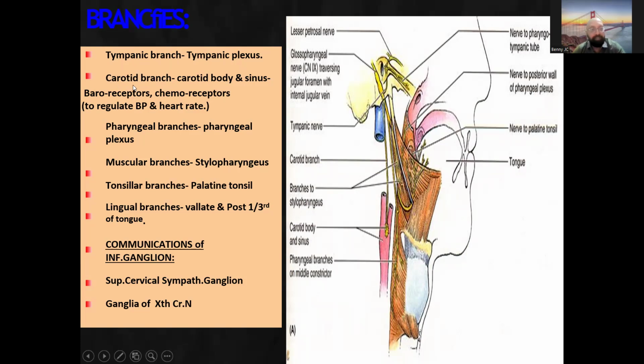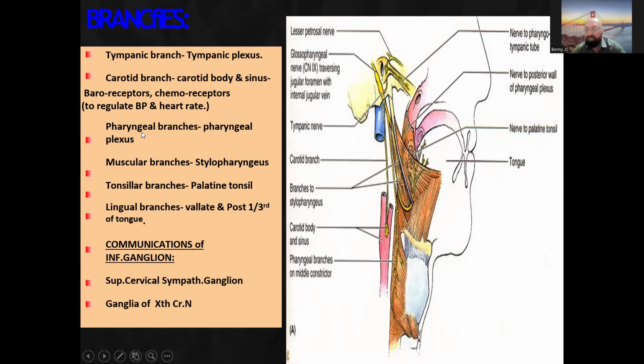Then the carotid branch, as we just said, is a very important general sensation branch, taking sensation from the baroreceptors and the chemoreceptors from the carotid body and the carotid sinus, which is lying at the bifurcation of the common carotid artery. So that is the carotid branch, which is carrying these general sensations from these receptors.